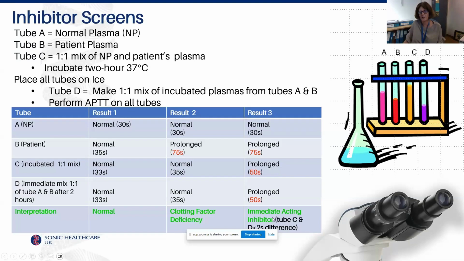But this one is just showing an immediate acting inhibitor like lupus anticoagulant. So you can sometimes use this to differentiate between lupus anticoagulant and a factor VIII inhibitor, which is time dependent.